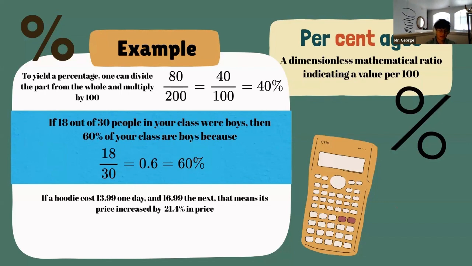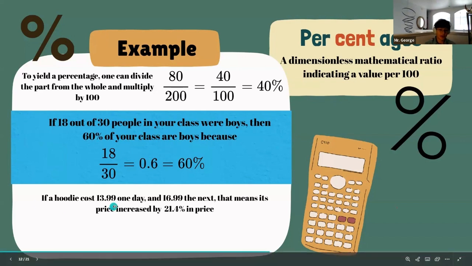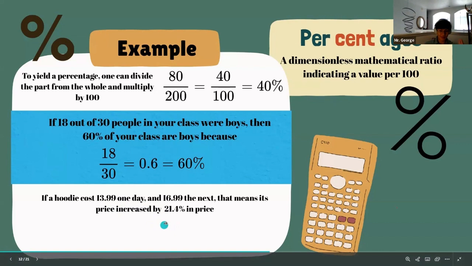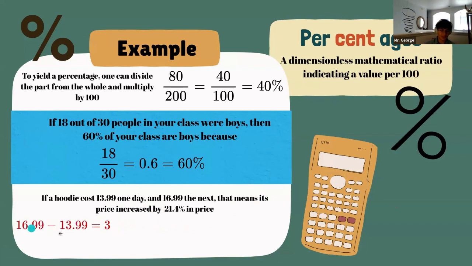If that's okay. So if a hoodie costs $13.99 one day and $16.99 the next, that means its price increased by 21.4%. Why? First, we look at the difference between these two prices.